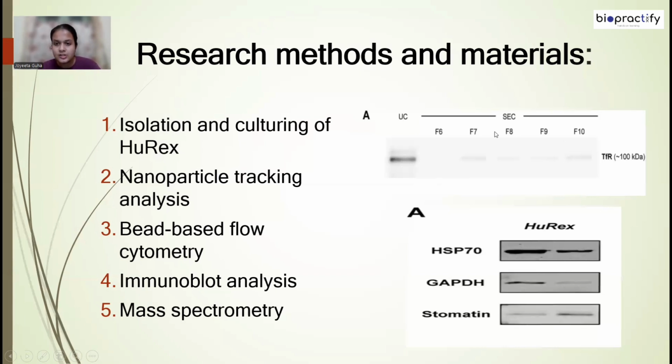This one is not immunoblot analysis, this is bead-based flow cytometry, and this is immunoblot analysis. Here they have identified TFR, which is a biomarker, and here they have identified the proteins present inside the exosomes by immunoblot analysis, and this is by bead-based flow cytometry.